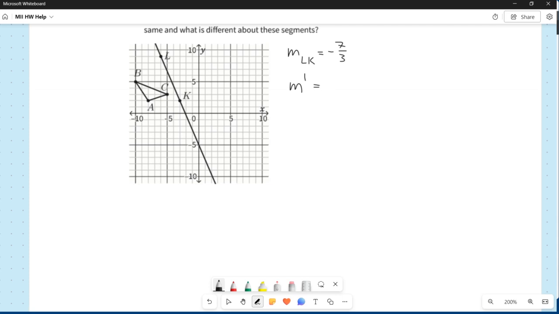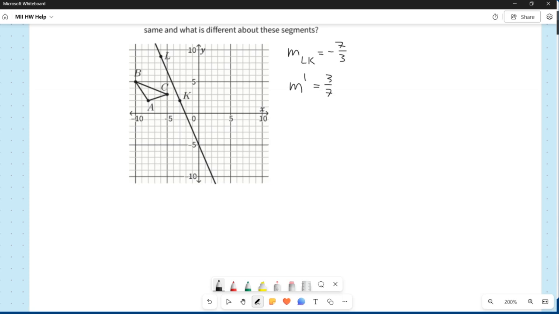We know that when we're dealing with perpendicular slopes, what we want is the negative reciprocal. The negative of a negative is a positive, so our slope is going to be positive, and the reciprocal of 7/3 is 3/7.